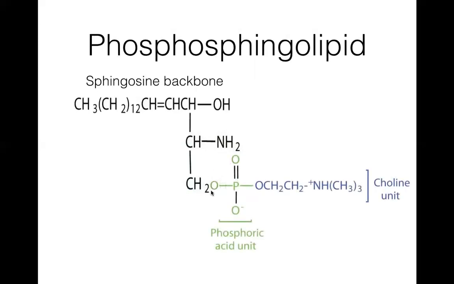To the alcohol, we attach a phosphate plus a choline. This is responsible for its polar property. And to the amino group, we bond through an amide linkage a fatty acid, and this fatty acid is what would give it its tail.